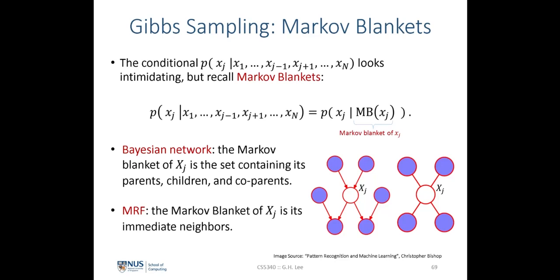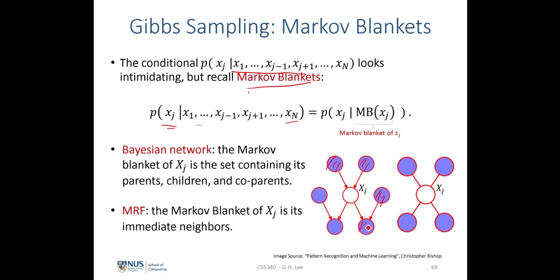At first sight, the conditional probability of xj conditioned upon all the other random variables except for itself looks intimidating, but actually it's not that difficult to compute, because let's recall the Markov blankets. What it means here is that this particular conditional probability is only conditioned upon the Markov blanket of xj, where all the other irrelevant random variables are separated once the Markov blanket has been observed.